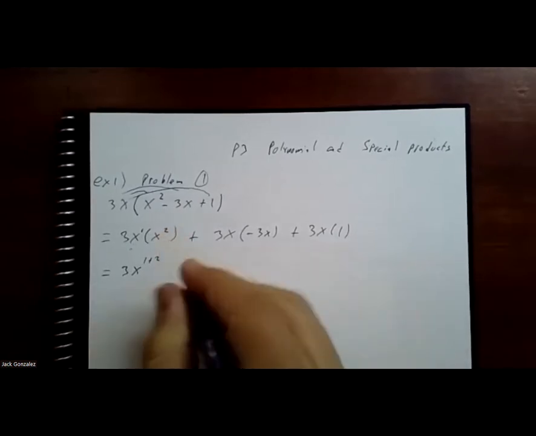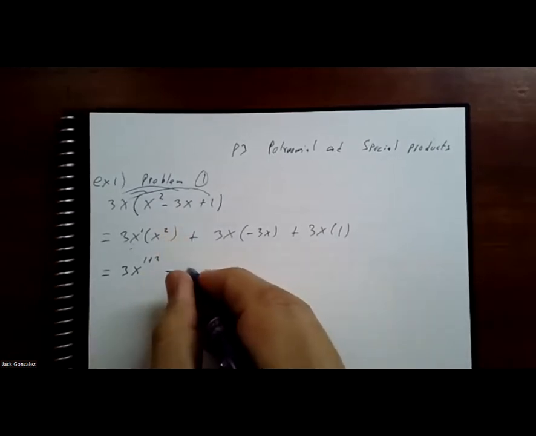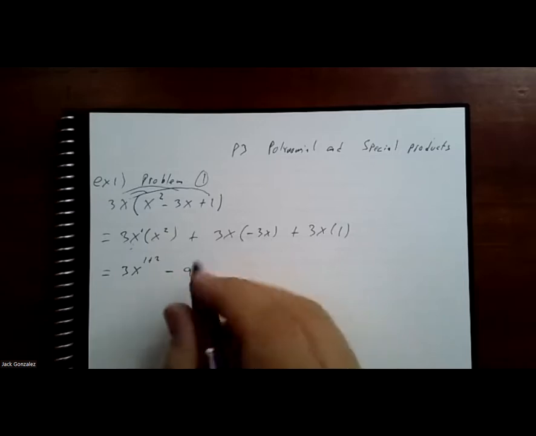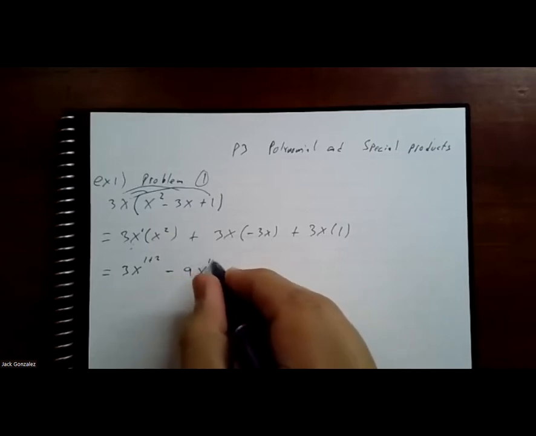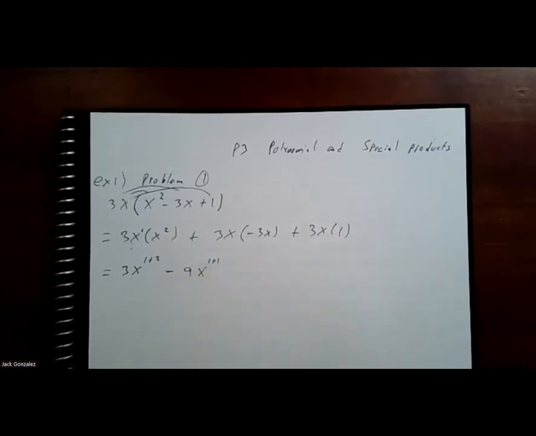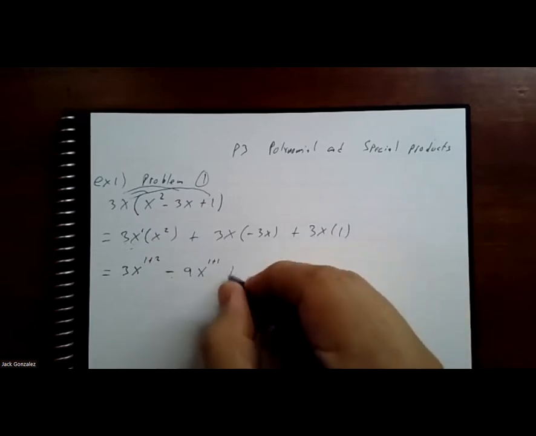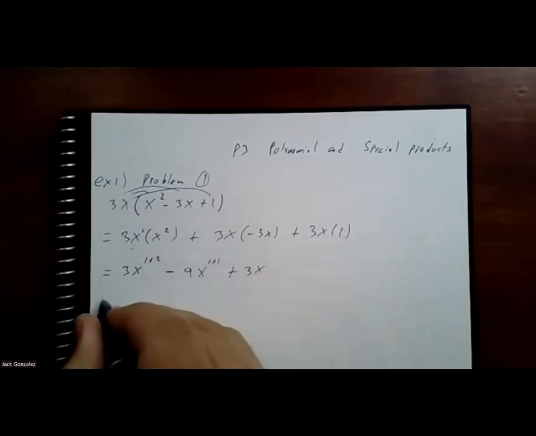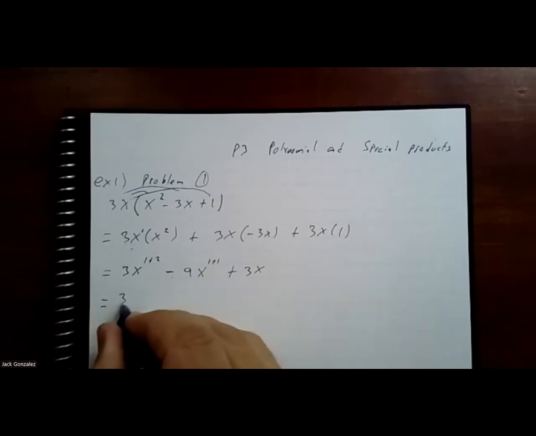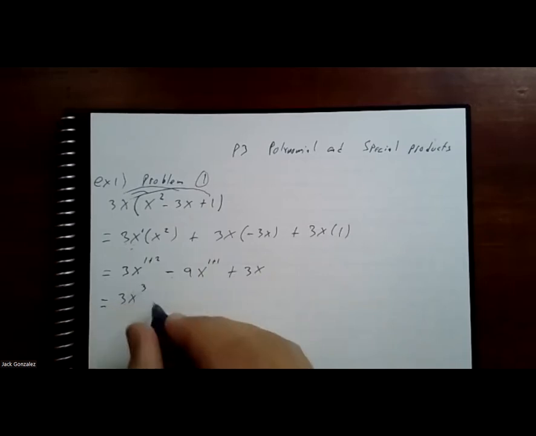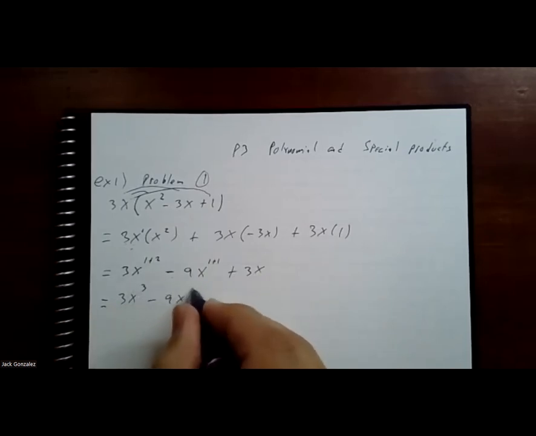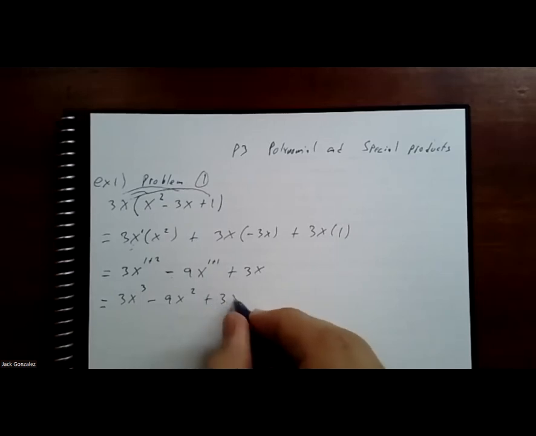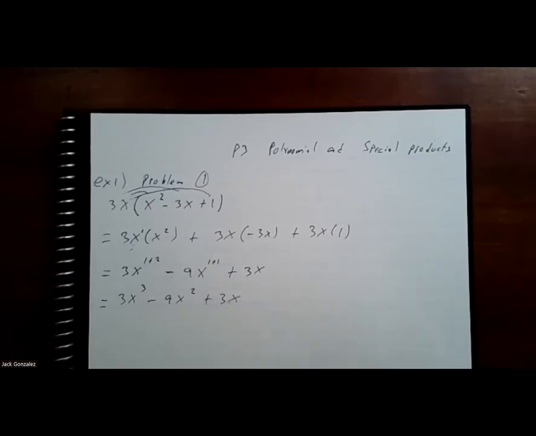So right here, just put the minus. x times x will be x, 1 plus 1. 3x times 1, of course, is just itself. So this will be 3x cubed minus 9x squared plus 3x. Are there any questions on any of these steps?